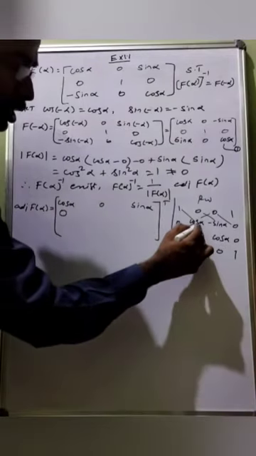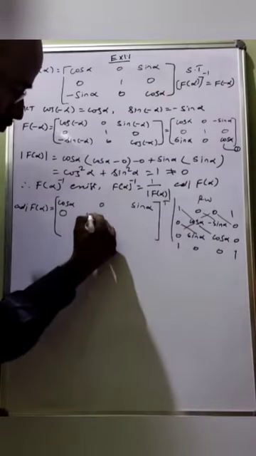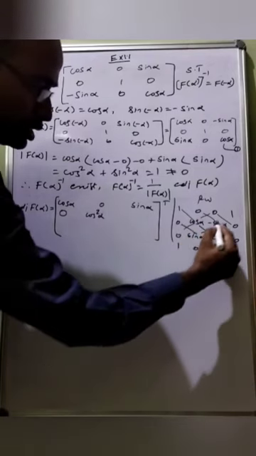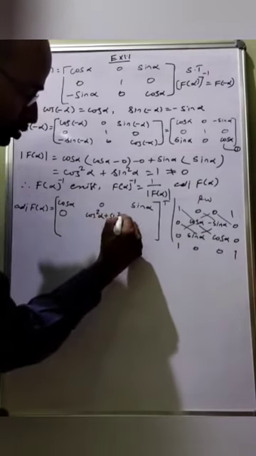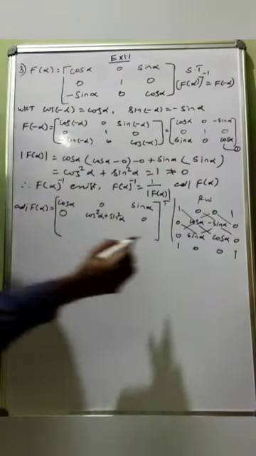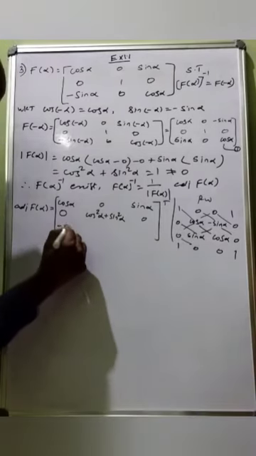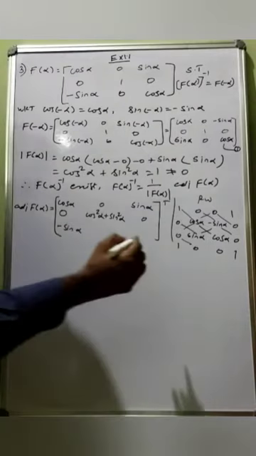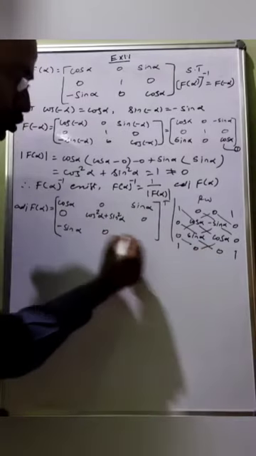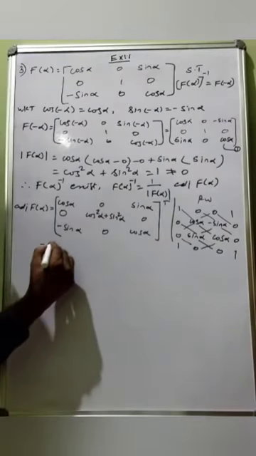The next one is cos square plus sin square alpha, 0, 0. The next is 0, 0, minus sin alpha, and 0, 0, 0, and here cos alpha.